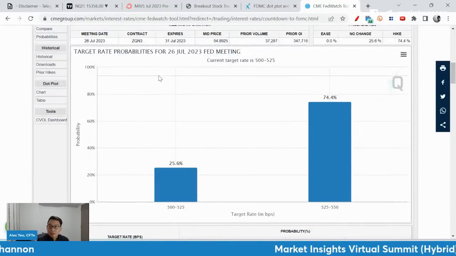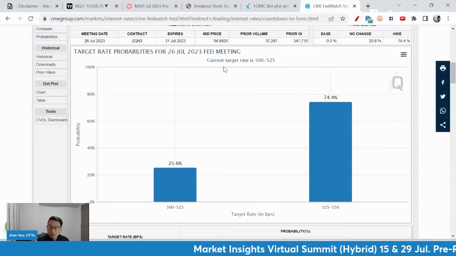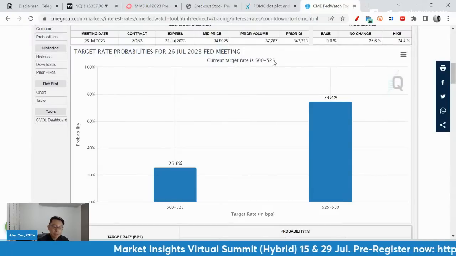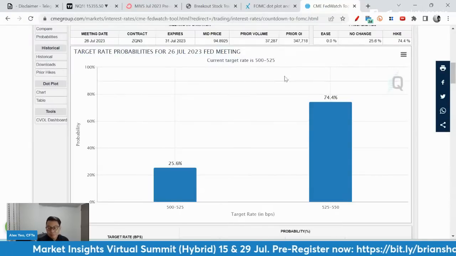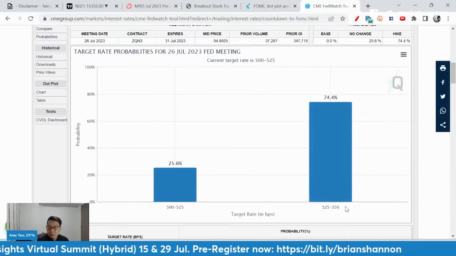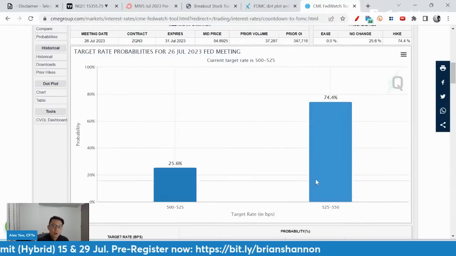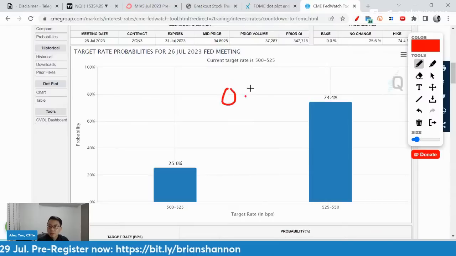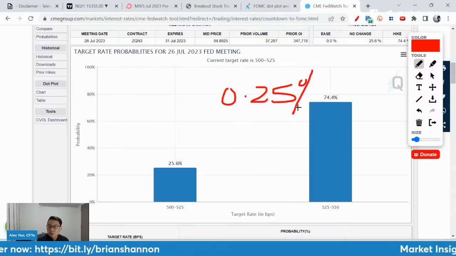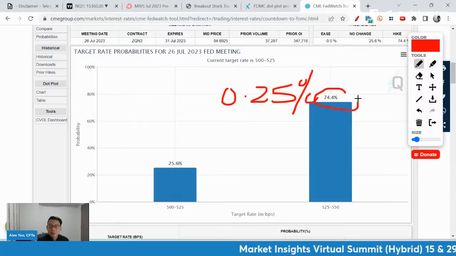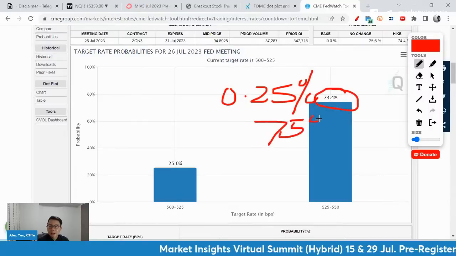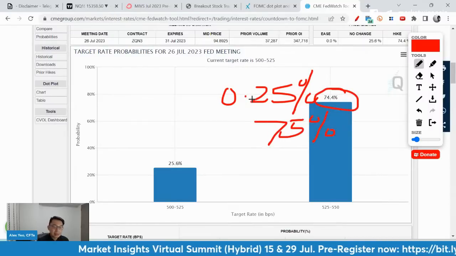Right now the current rate is 5 to 5.25%. I believe the market is pricing in that the Fed will hike another 0.25% in the July FOMC. Right now the probability is about 75% that they hike another 25 basis points.